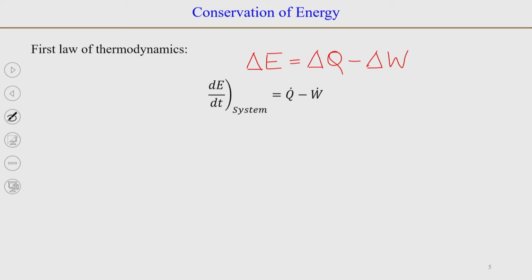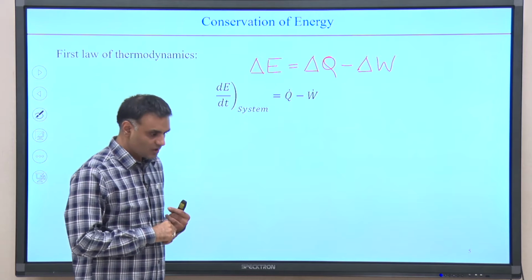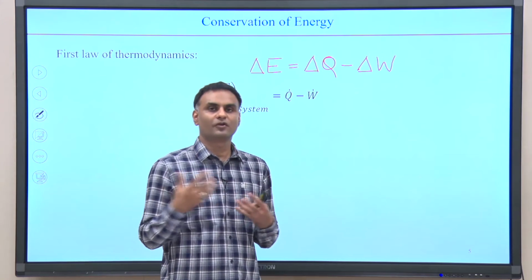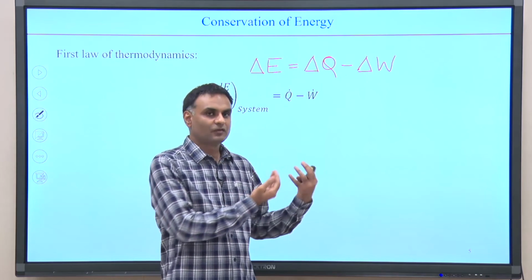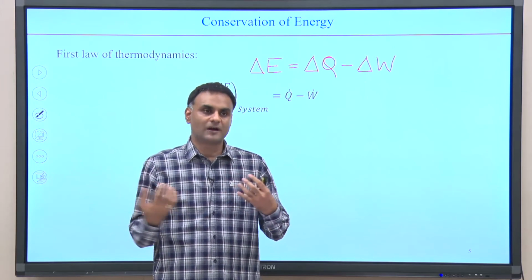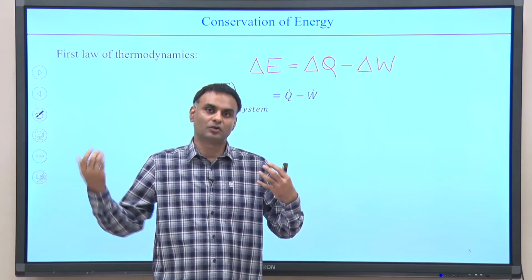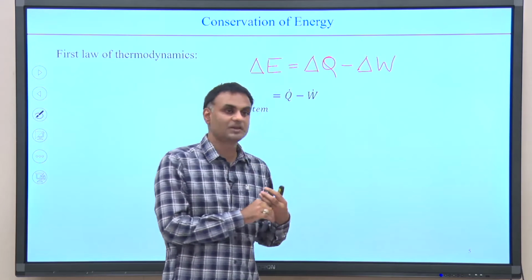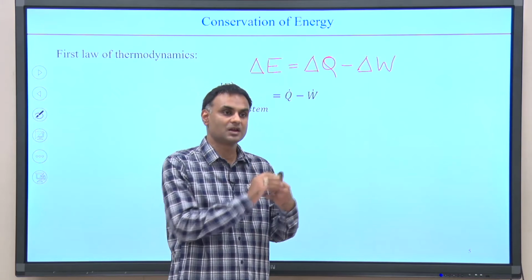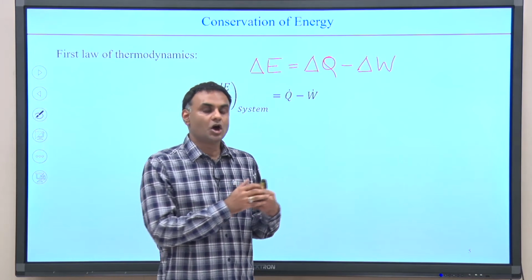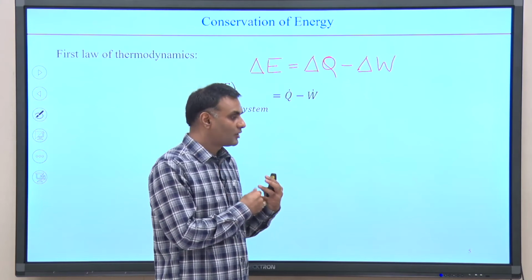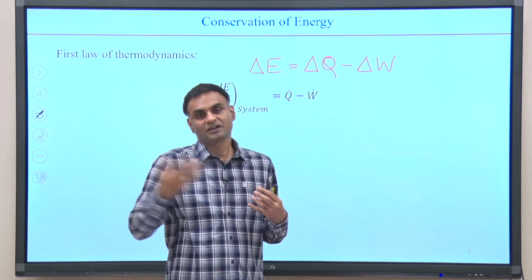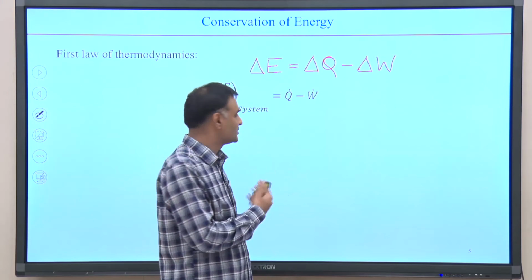Now, because the other two laws we have written in rate form, and when we talk about the flow of fluid, energy will be coming in and going out as the fluid comes in or goes out. So, we will be interested in the energy coming in per unit time, work done per unit time, and the change in energy per unit time.